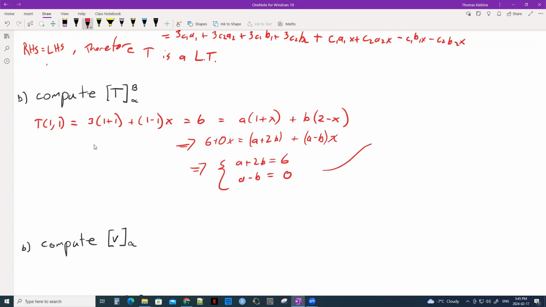And we can create an augmented matrix: 1, 2, 6, 1, minus 1, 0. Now we take R2 minus R1, replacing R2, which gives us 1, 2, 6, 0, minus 3, minus 6.